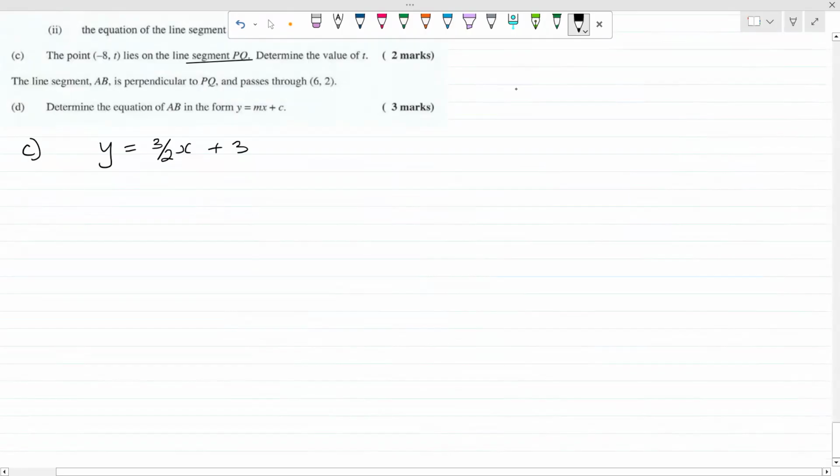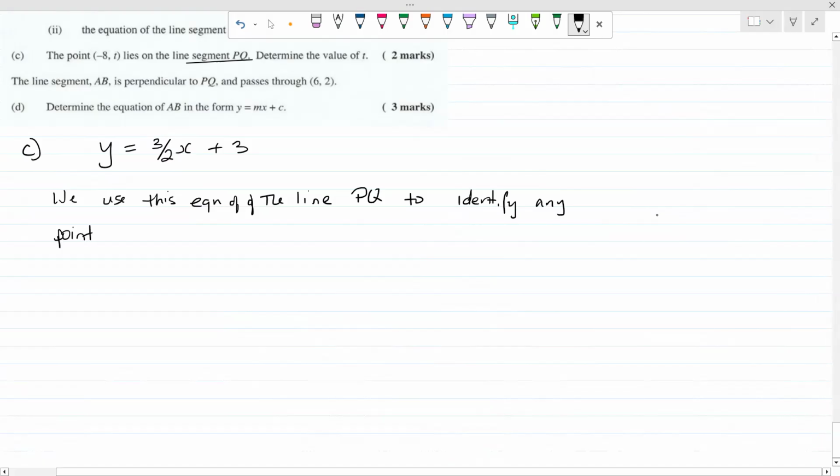Now, we could use this equation of the line to identify any point that lies, when I say lies, meaning that it's on the line, lies on the line.